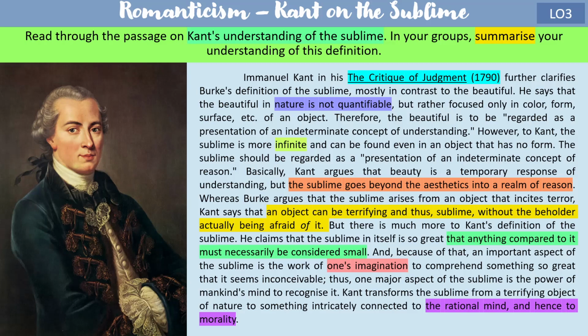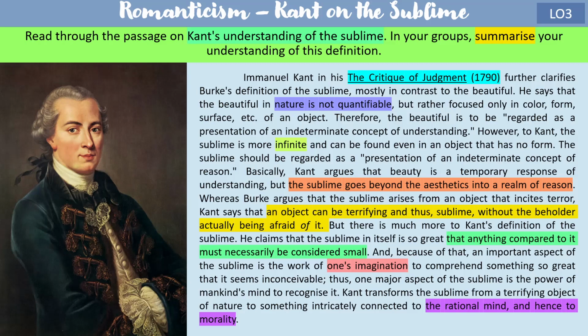So Immanuel Kant, in his Critique of Judgment, 1790, further clarifies Burke's definition of the sublime, mostly in contrast to the beautiful. He says that the beautiful in nature is not quantifiable, but rather focused only on colour, form, surface, etc. of an object. Therefore, the beautiful is to be regarded as the presentation of an indeterminate concept of understanding.